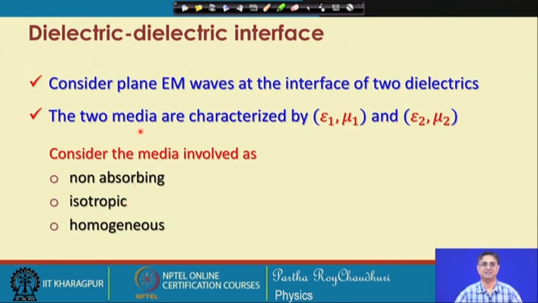Now, let us consider the plane electromagnetic waves at the interface of two dielectrics, and these two dielectrics are characterized by the properties, the permittivity and the permeability, as epsilon 1 and mu 1 for the first medium, that is one of the media, and the respective quantities epsilon 2 and mu 2 for the other media.